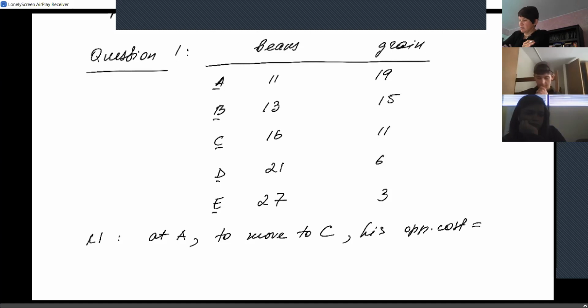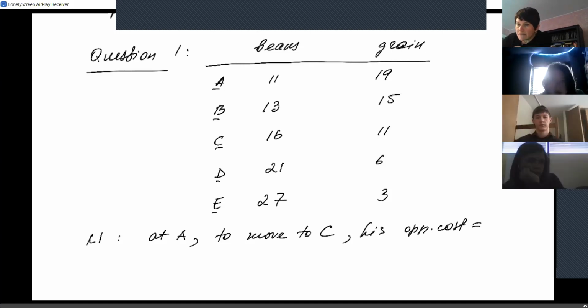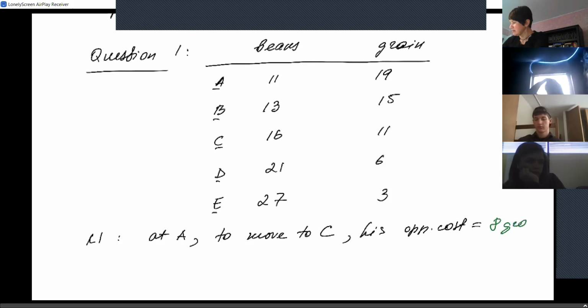What is the opportunity cost of the farmer moving from combination A to combination C? He loses out on 8 grain for moving from A to C. Very good. 8 in grains.